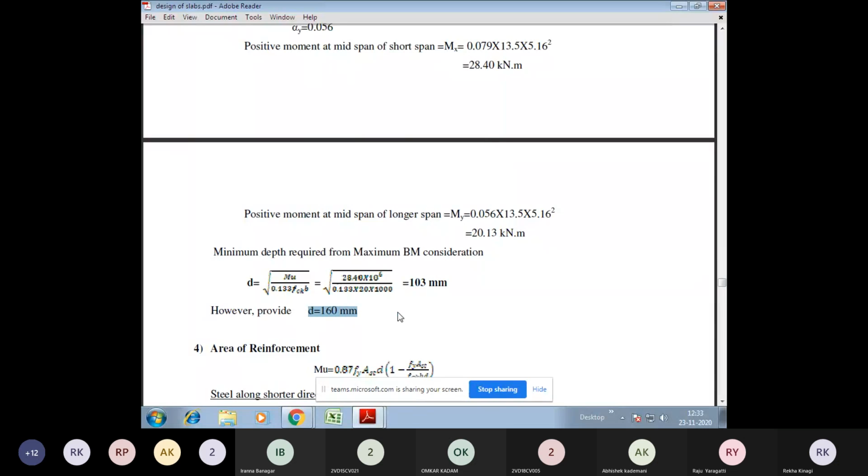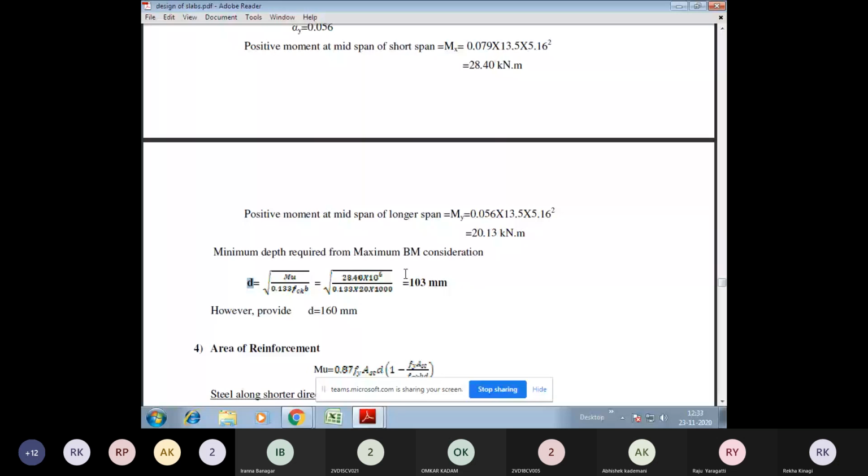Or else there is one more method by which we can continue with the design, the one which we have used in design of beams. That is mu is equal to this value only, and mu limit is equal to 0.133 fck bd square, where d is the value which we have provided.